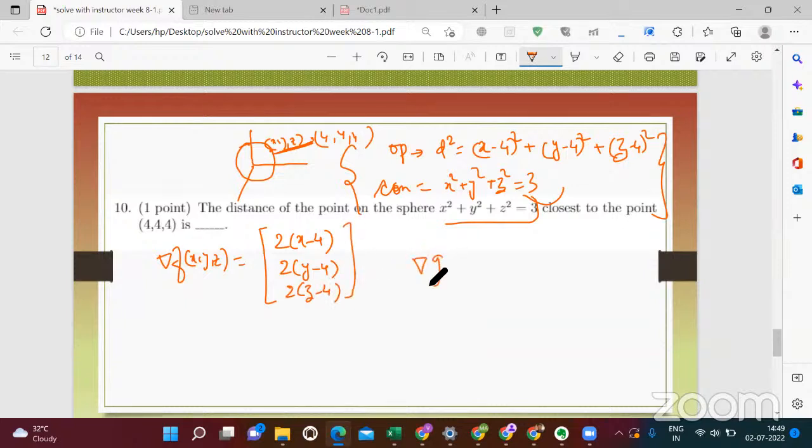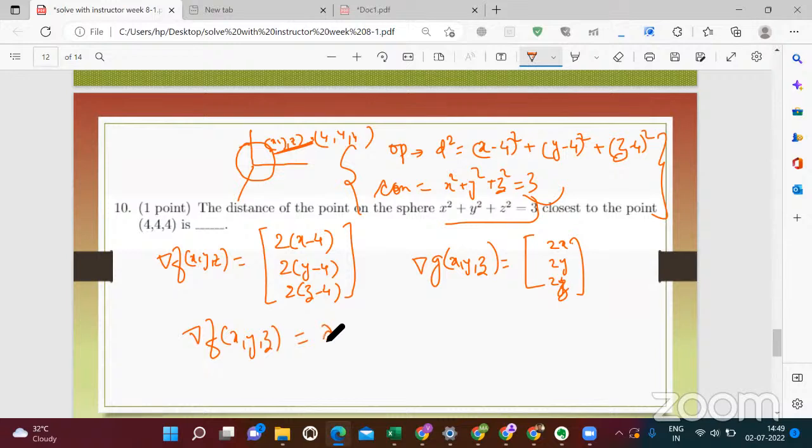Similarly, you can calculate del of g(x, y, z), which should be equal to 2x, 2y, 2z. And we already know this should be equal to minus lambda, or plus lambda, because it's a Lagrange multiplier, so you can use lambda also. In the equality form, this should be equal to minus lambda, and lambda will adjust the value itself.